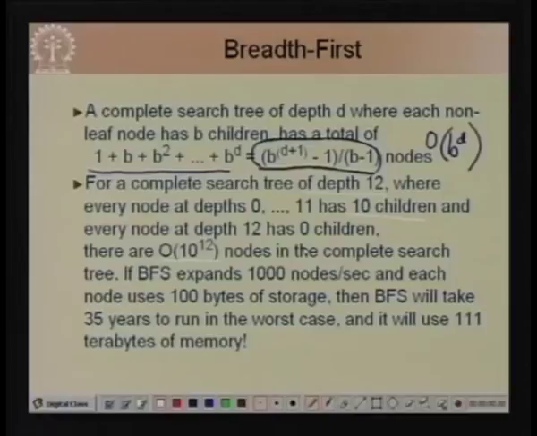To give you an idea of how big this number is, if we have a computer where 1000 nodes can be expanded per second and each node uses 100 bytes of storage, then breadth first search will take 35 years to run in the worst case and it will use 111 terabytes of memory. It's a truly frightening figure.